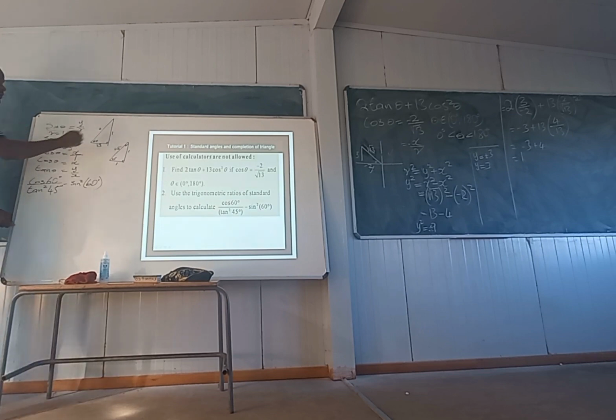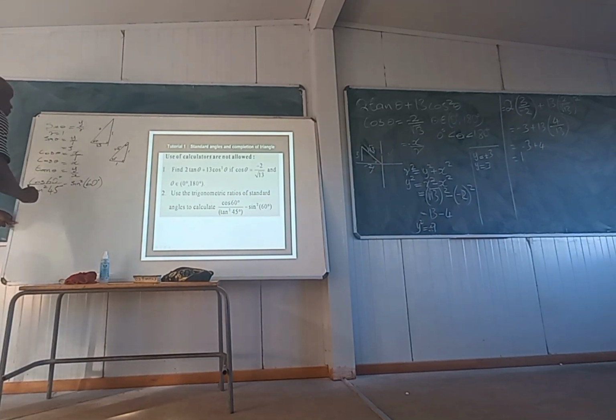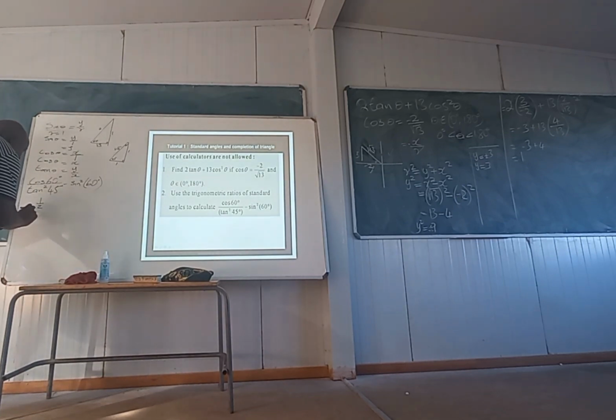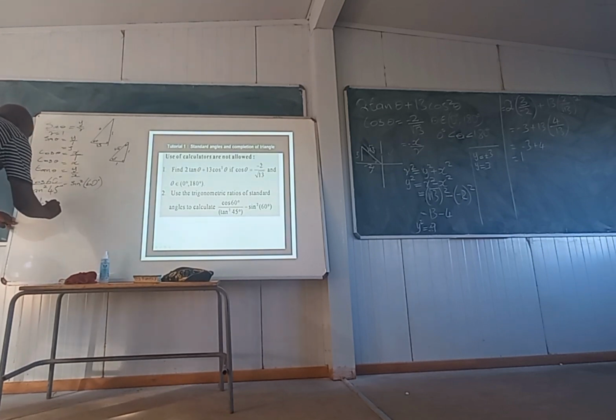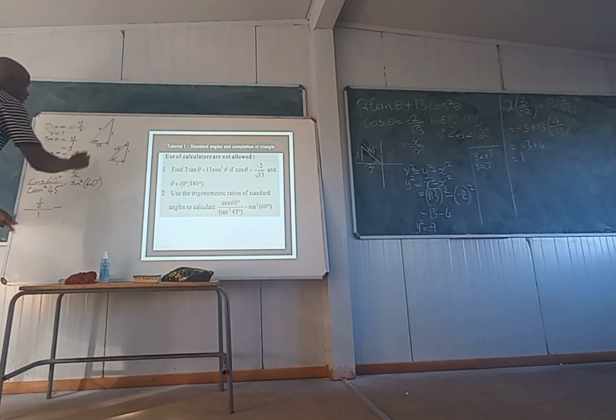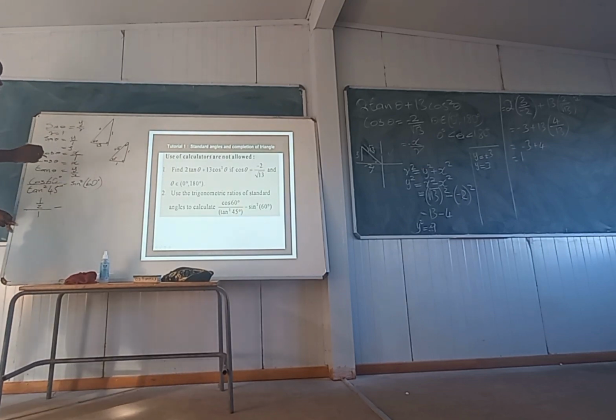Then I start substituting: cos 60 is 1 over 2. No calculator. Tan 45 is 1. Then sine squared 60: sine 60 is square root of 3 over 2, all squared.